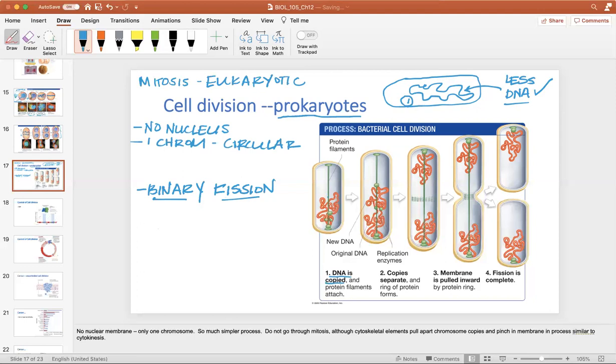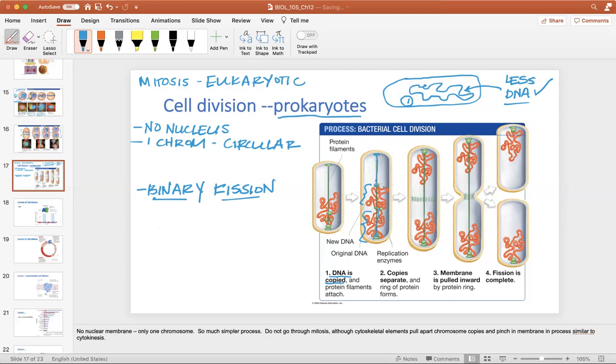So here we go from one chromosome to, hopefully you can kind of make out that we now have two chromosomes. Another thing that I hope you can make out is we have some kind of a protein string here. So we've got some sort of a cytoskeletal element, a filament, that is attached to each of these chromosomes.